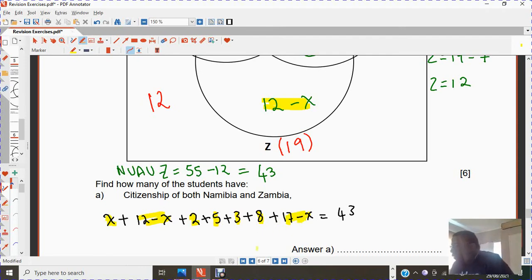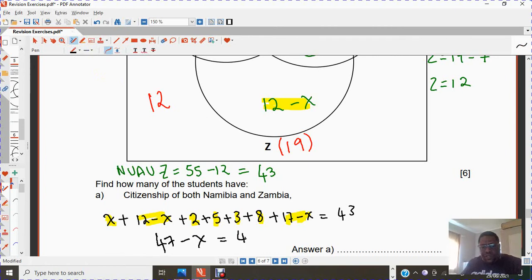Now once you do that, and if you add everything and make sure that you use a calculator, you are going to get 47 minus x is equal to 43. From here we can actually solve for x. So it's minus x is equal to 43 minus 47. So my x therefore is equal to 4.